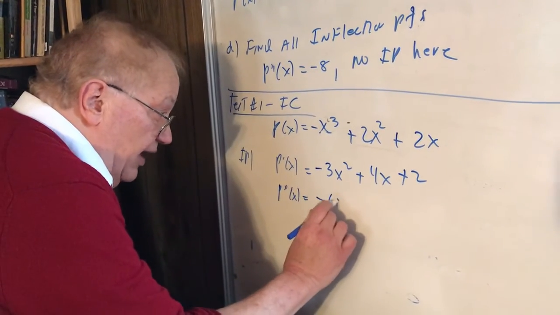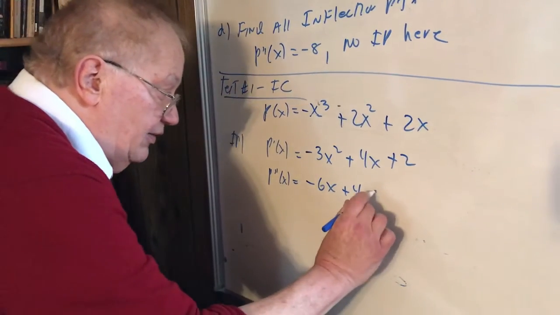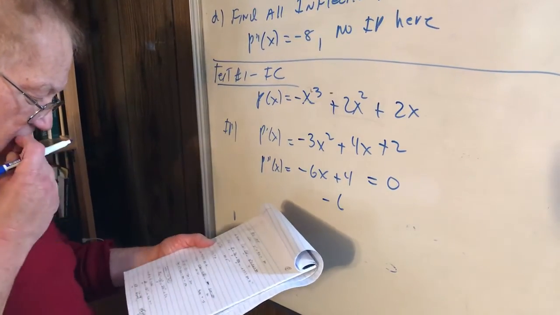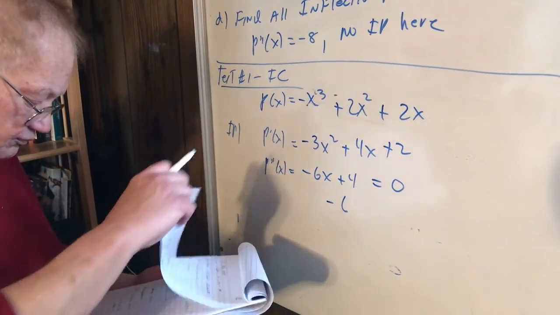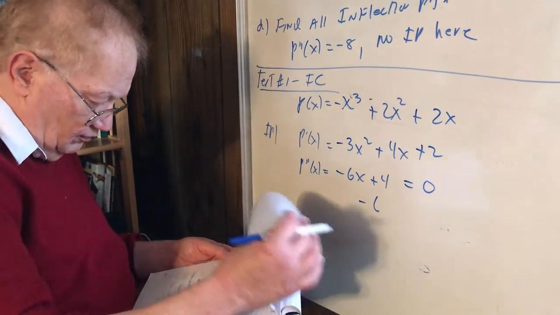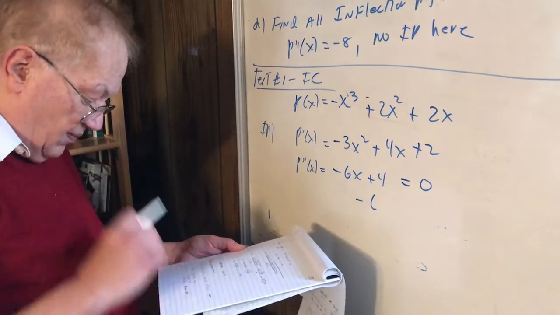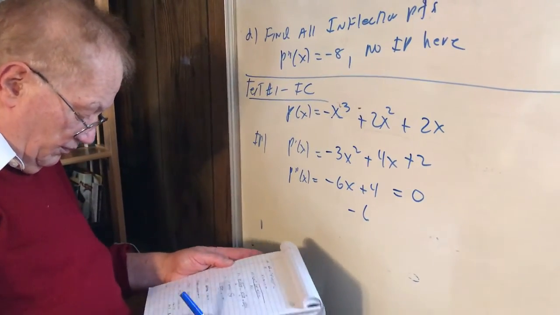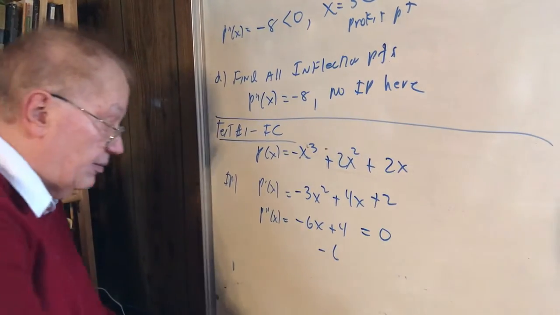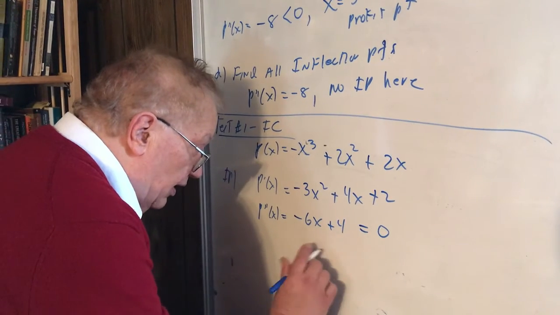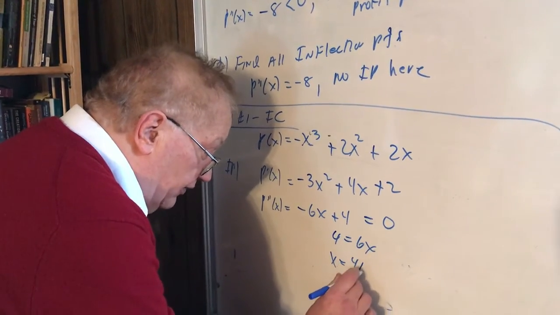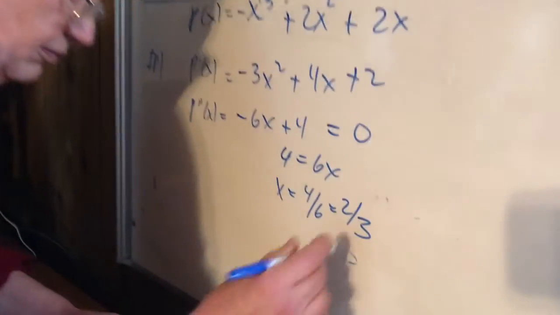It's going to be minus 2x plus 4. Set that equal to 0. Minus 2x plus 4 is equal to 0, and so 4 equals 2x, x equals 2.